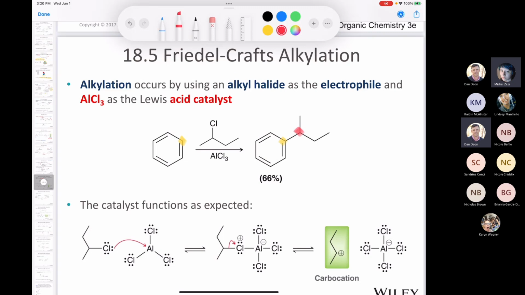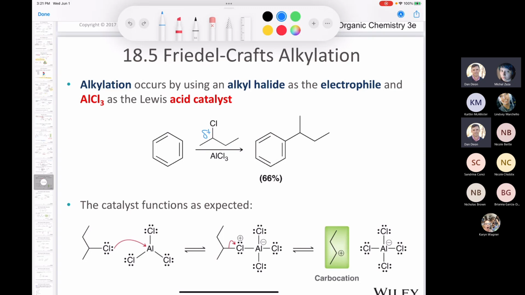So we take benzene, as is shown here, and we treat it with an alkyl halide as an electrophile. An alkyl halide on its own is an electrophile. We know there's a dipole going this way, so we know that the carbon is partially positive, but it's not electrophilic enough to react with benzene, and thus we have to use aluminum chloride as a Lewis acid catalyst in order to get this reaction to work.